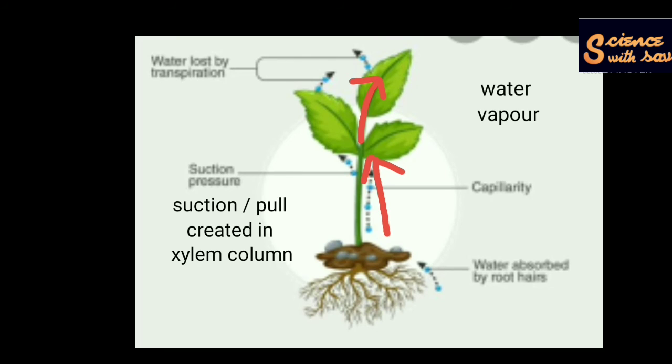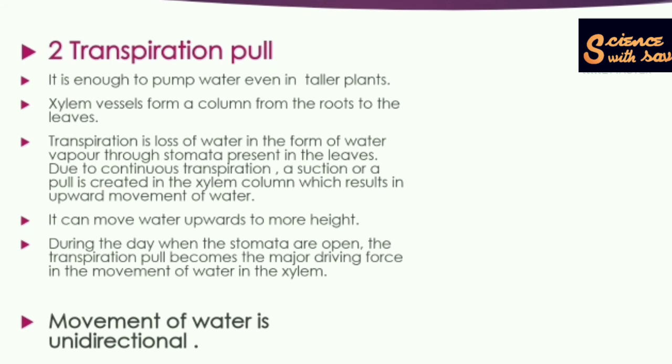in the xylem column. And at night when the stomata are closed and there is no transpiration going on, at that time the root pressure becomes the most important driving force for moving the water upward. But again, as we know, root pressure is not strong enough to move the water up to a longer distance.